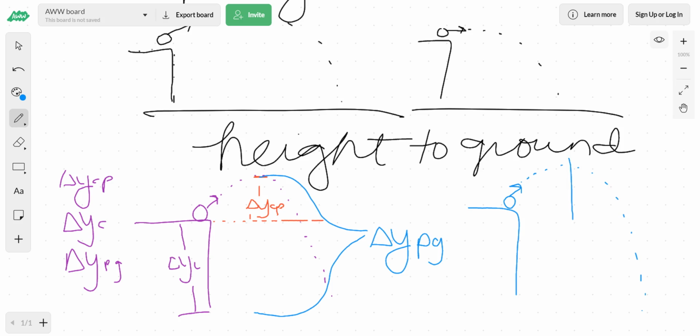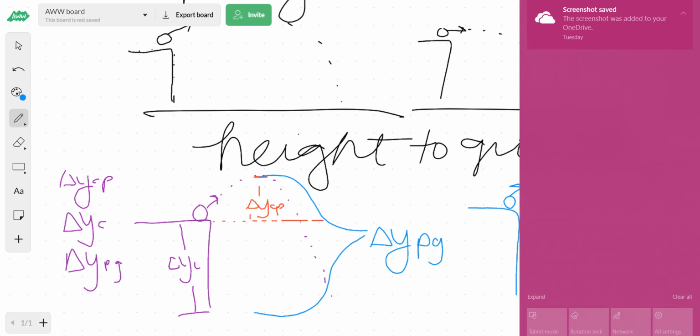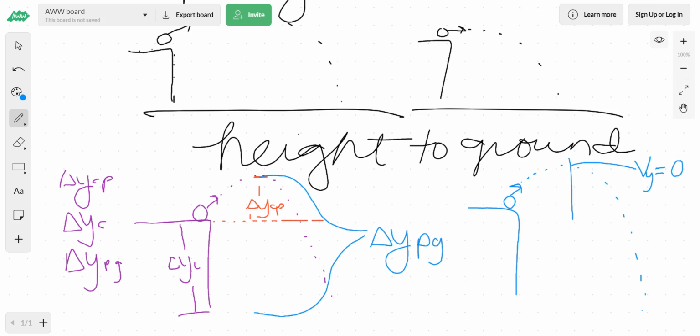When it's going up, the biggest thing is that right at this point, you are at the highest point. Being at the highest point means that you are no longer increasing your height, which means that you do not have a velocity in the vertical direction anymore. It's all gone. So you have a y velocity at the peak of 0.